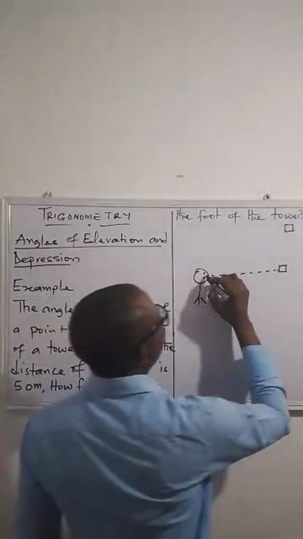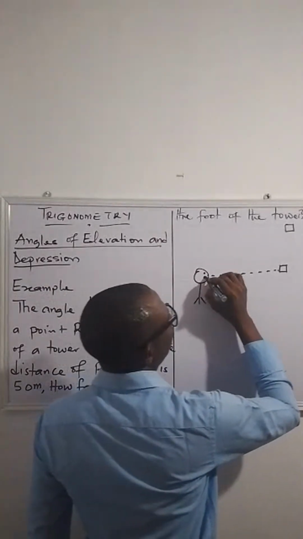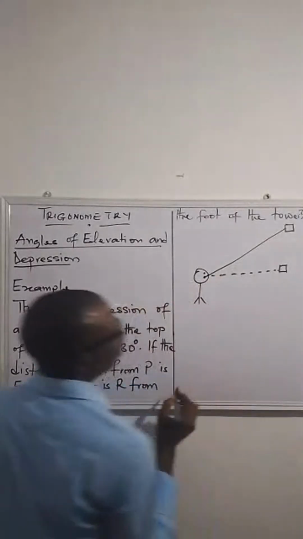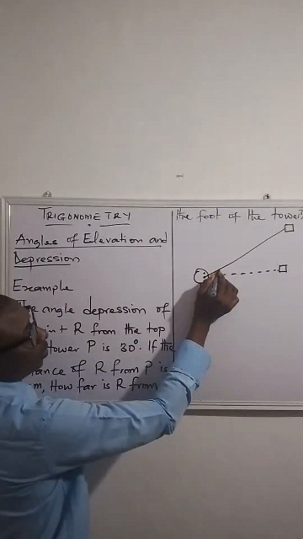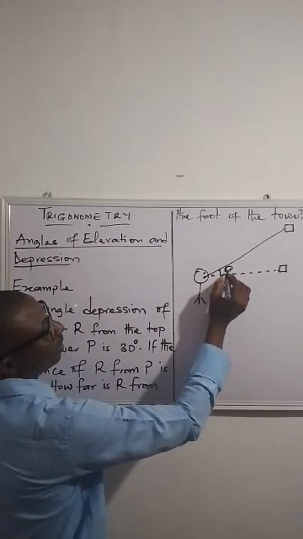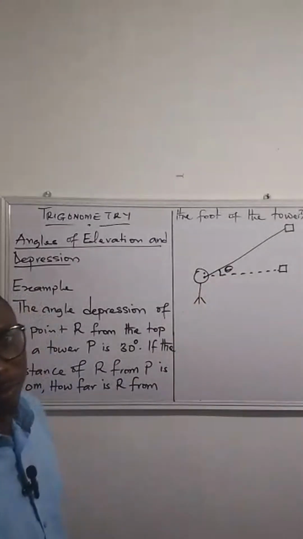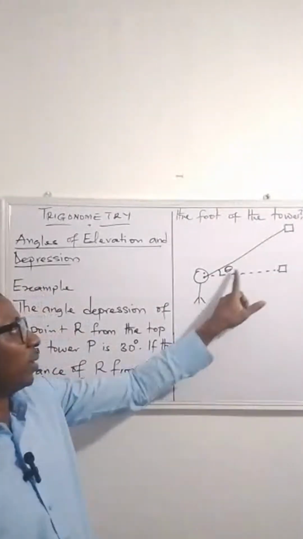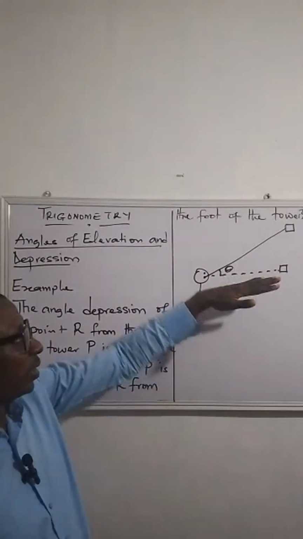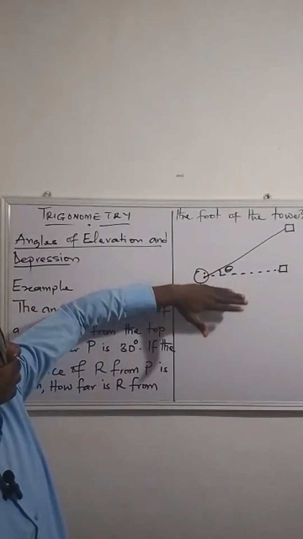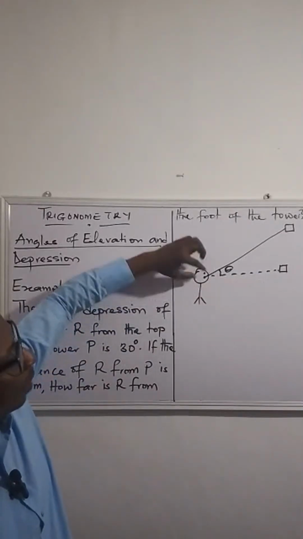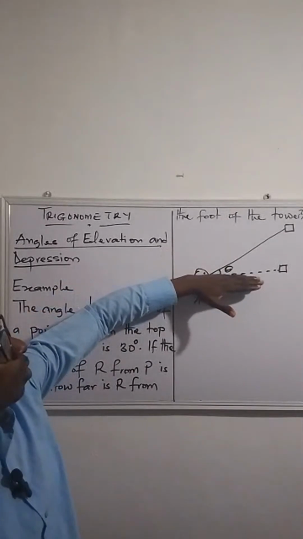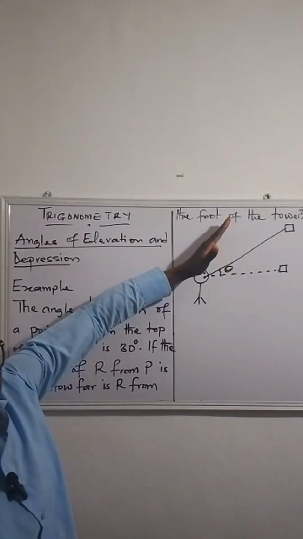So he must have raised his head by a particular angle here. This angle is what we call the angle of elevation. This is the angle that the guy here covered by raising up his head.